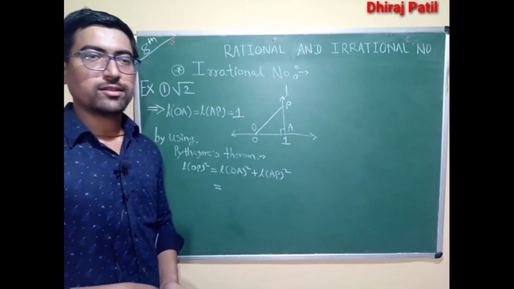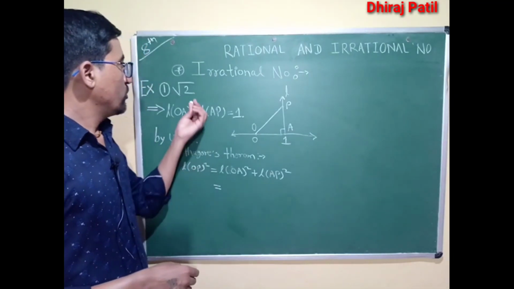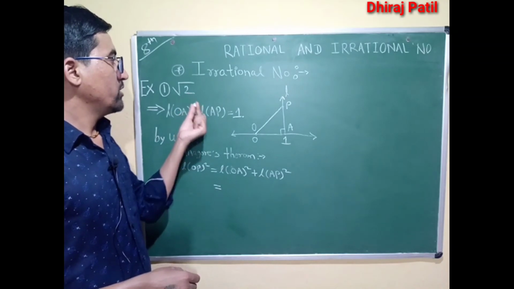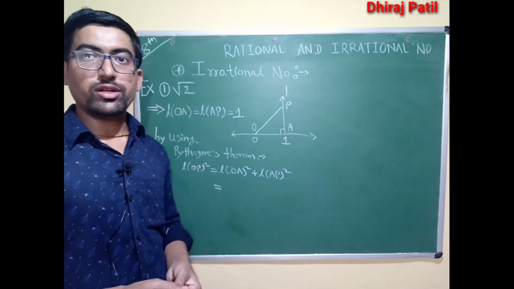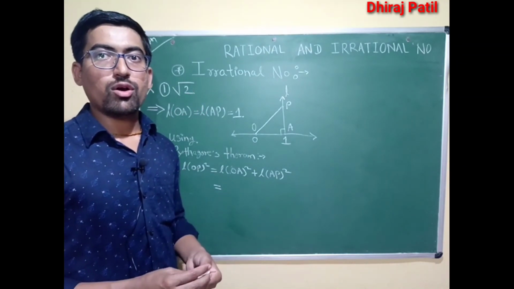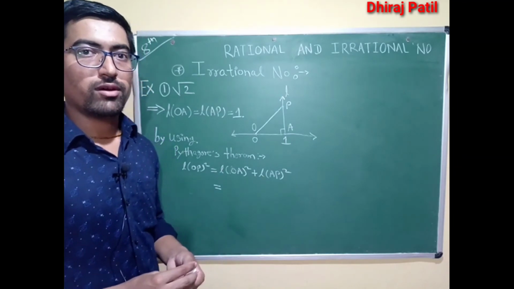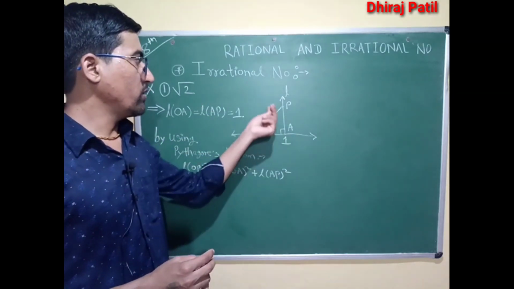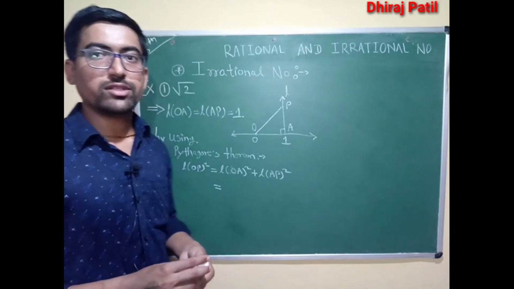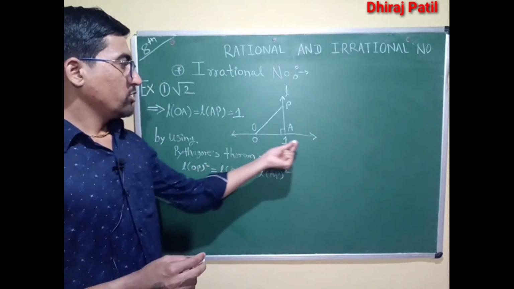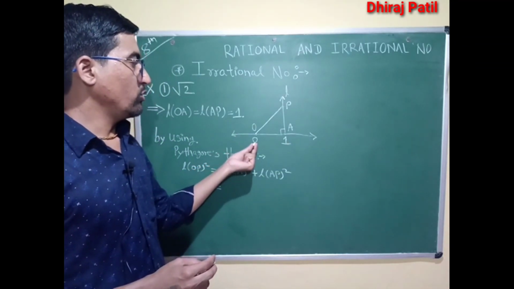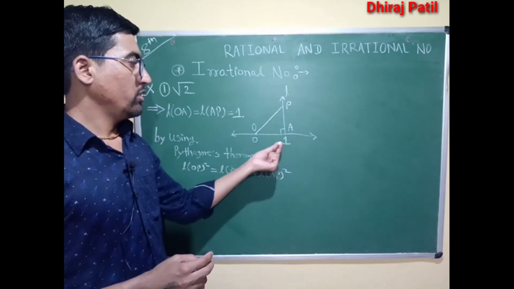We have to take some examples. √2 is our irrational number and we have to show it on our number line. So what is the procedure for representing √2 on the number line? Here we see this is our number line. This is 0, 1.